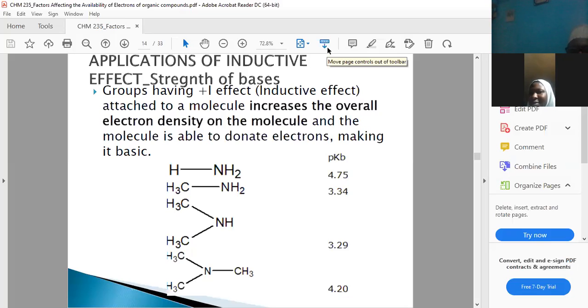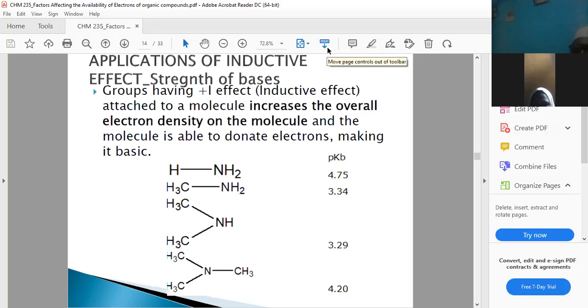Yes, sir. Now, what do you say happened to trimethylamine? And sir, we have 4.20 there. What I'm trying to say is that 4.20 is higher than 3.29, and you said it decreases, like from 4.75 to 3.34. Do you get the point again? The lower the pKb, the stronger the base. If you have a higher pKb, the base is weak.